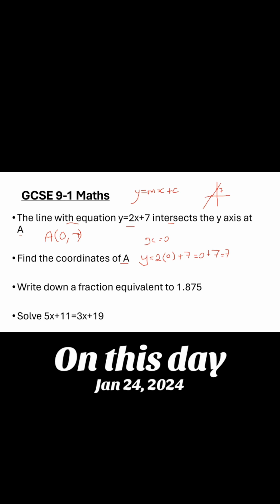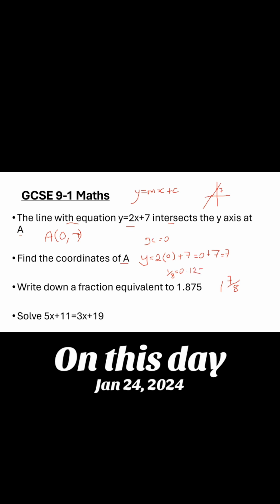Write down a fraction equivalent to 1.875. So if I write this as a fraction, I've got 1 whole. Now 0.875 is actually 7/8. 7 divided by 8 gives you 0.875, because 1/8 is 0.125, and if I times that by 7, I get 7/8.